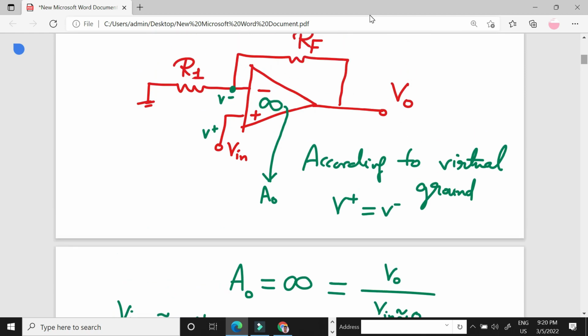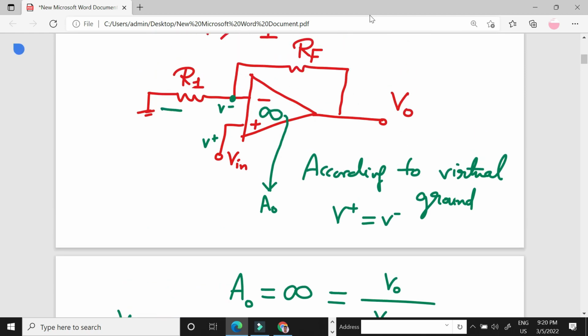Now this is branch number 1 and this is branch number 2.